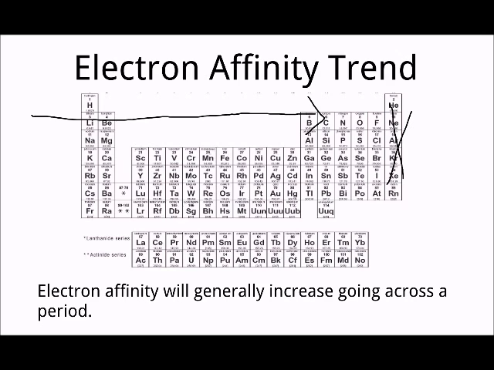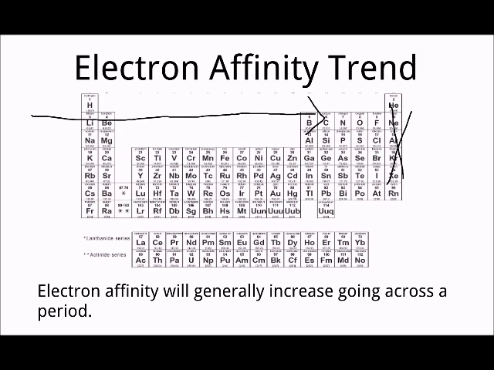But this general process can still be understood through effective nuclear charge, because as we go across the table here, we're drawing our electrons closer and closer to the nucleus, and therefore the nucleus can have a greater draw for additional electrons trying to come in.